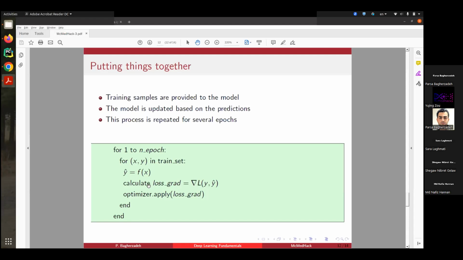You pass the gradient of the loss to the optimizer, and the optimizer is responsible for updating the parameters based on it. Then you go toward the next sample, and you do this process for multiple epochs until you have a desired loss, meaning the value of the loss has decreased.